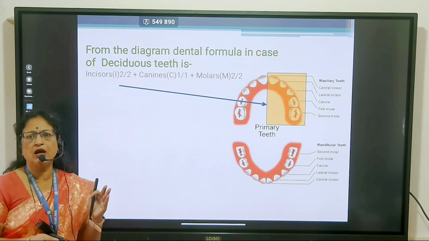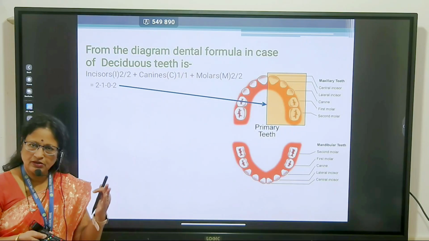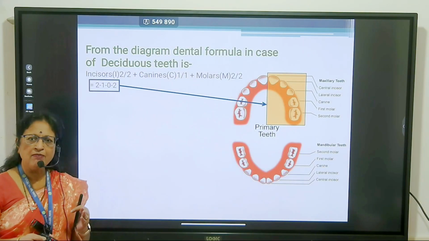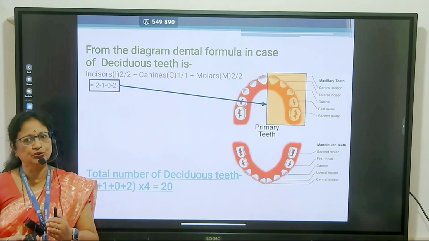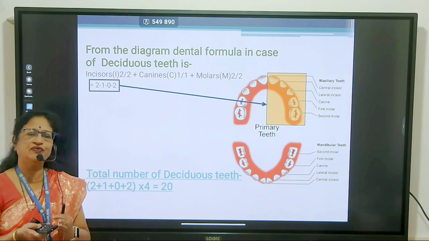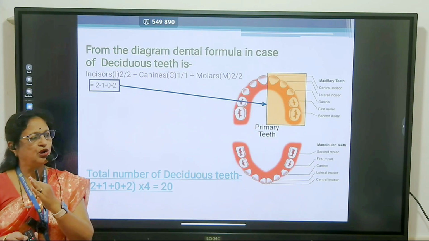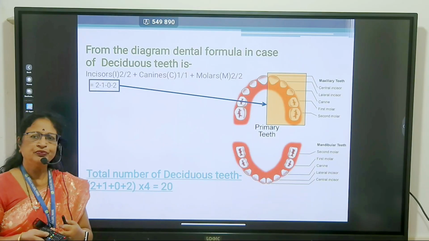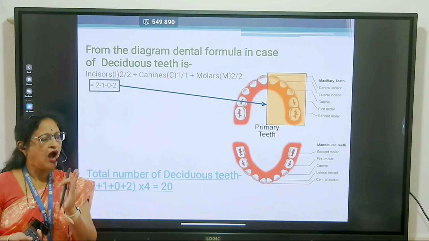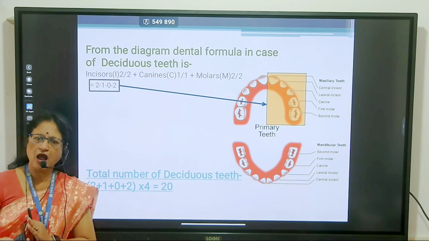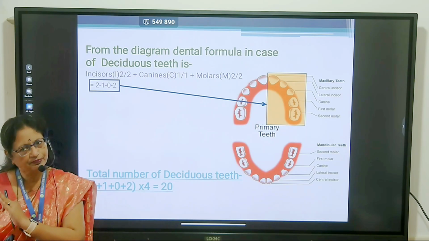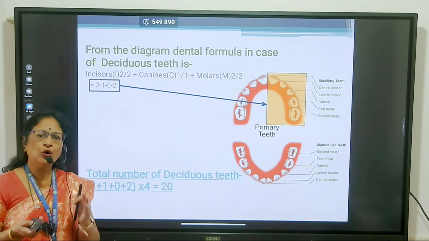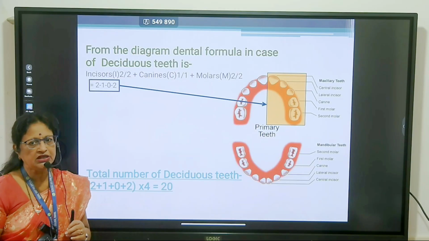the formula of deciduous teeth becomes 2 plus 1 plus 0 plus 2, and the total number of teeth in the half part of the upper or lower jaw is 5, and in the half part of both lower and upper jaw becomes 10 teeth, and overall there are 20 teeth.